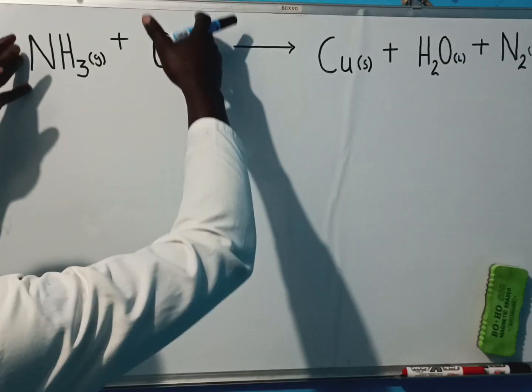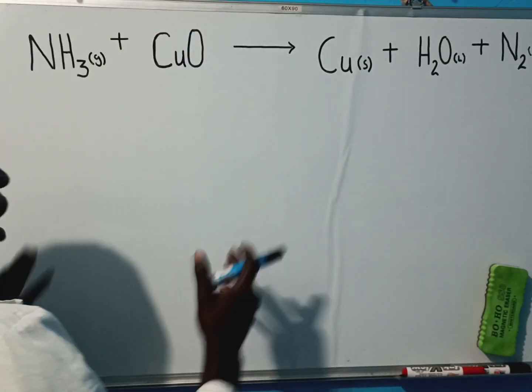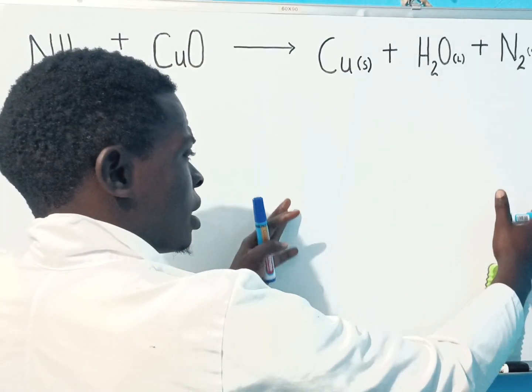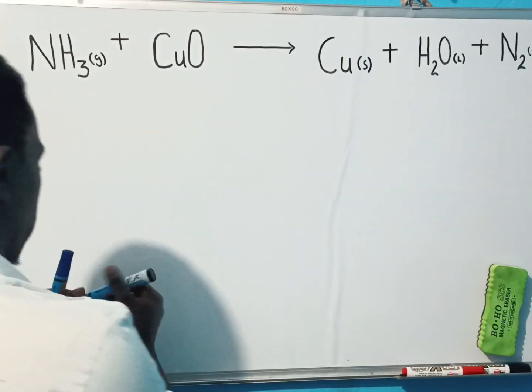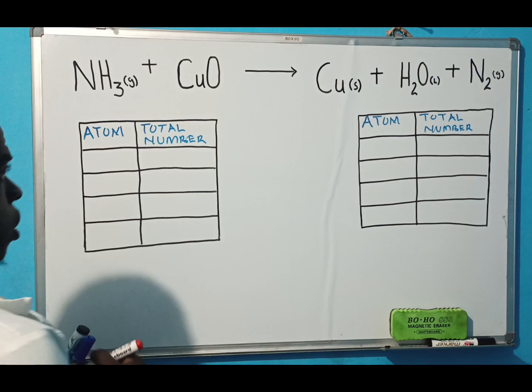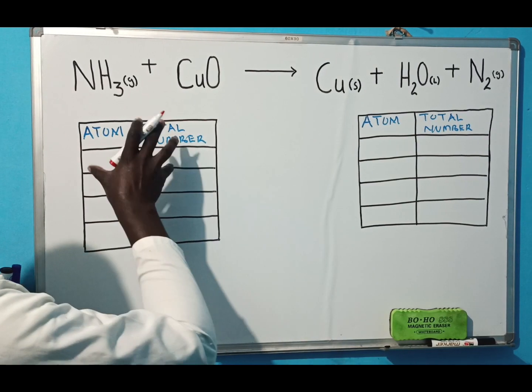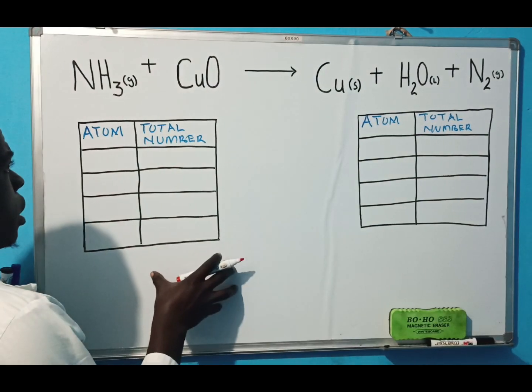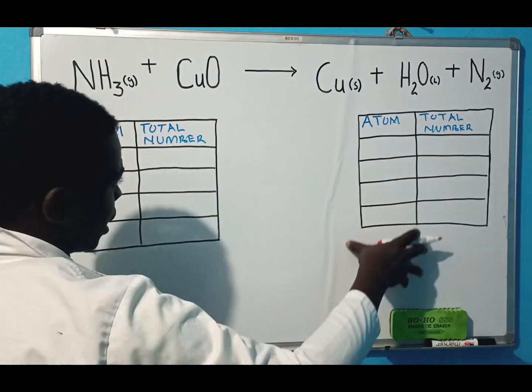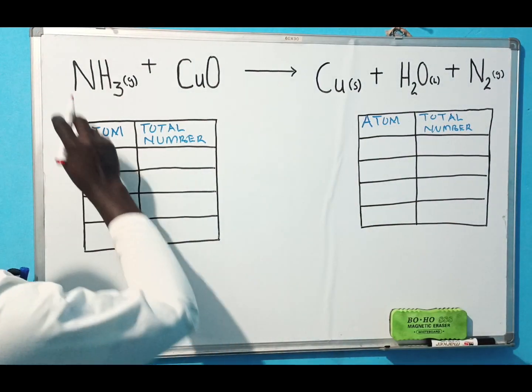Therefore, we are going to draw a chart on the reactant side and the product side. Taking the next step, here we are going to fill in the atoms of the reactant side and their number, and the atoms on the product side and their number.